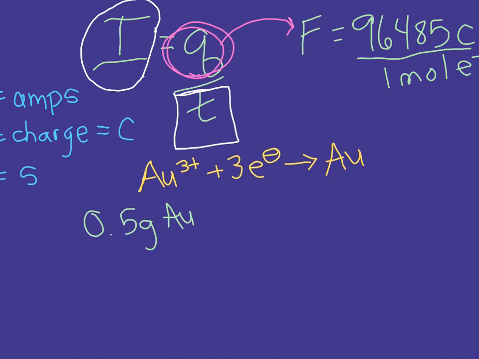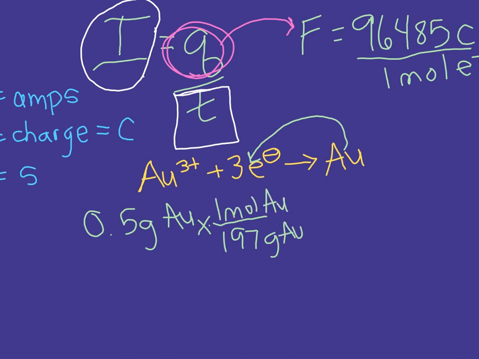Well, if I want to get charge, the thing that I have for charge is electrons. So I can't convert until I get Au out of grams and into moles. So I'm going to use the molar mass, which is 197 grams into 1 mole. Both of these need labels. Okay, so that's a mole conversion here.